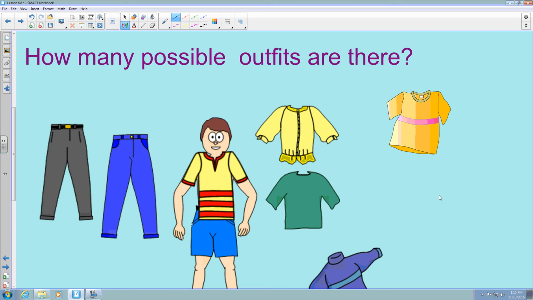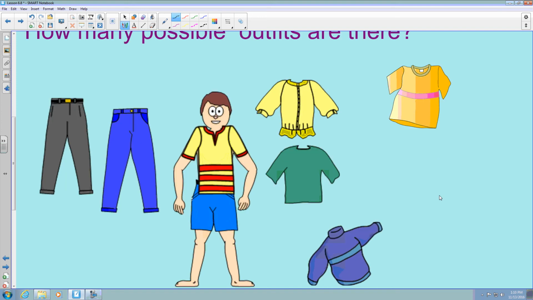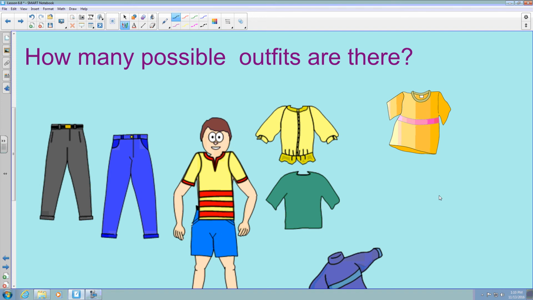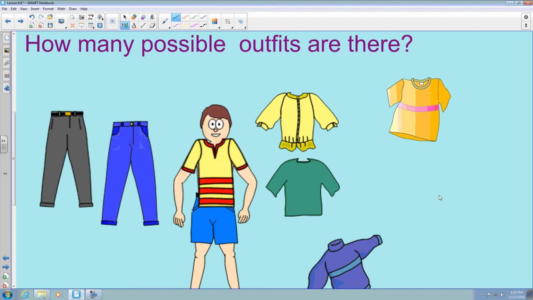Here we have somebody who has different possible outfits that they could choose. It looks like it's shirts and pants. This is shirt 1, shirt 2, shirt 3, shirt 4, and shirt 5. So there are 5 possible shirts you can choose from, and there are 3 different types of pants.